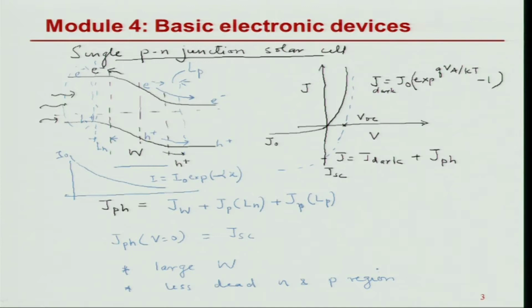And by that I mean where you do not have the built-in field, and that is good because if you have that region, that is also adding to the resistance of the device.